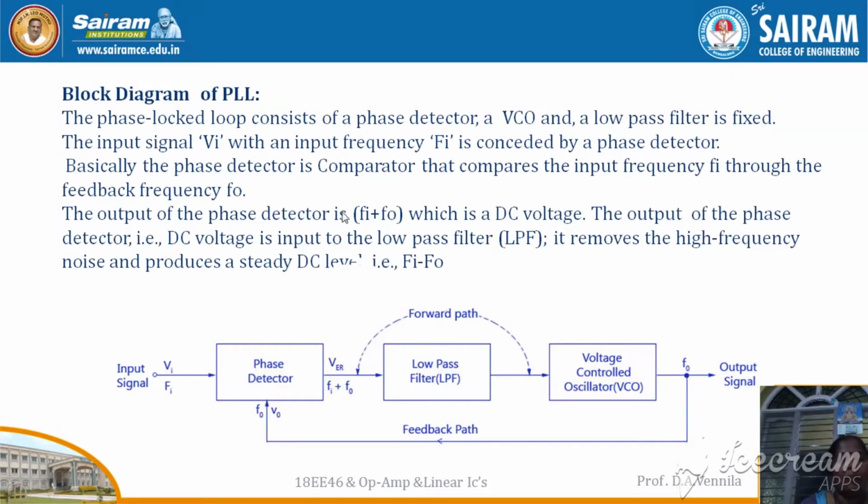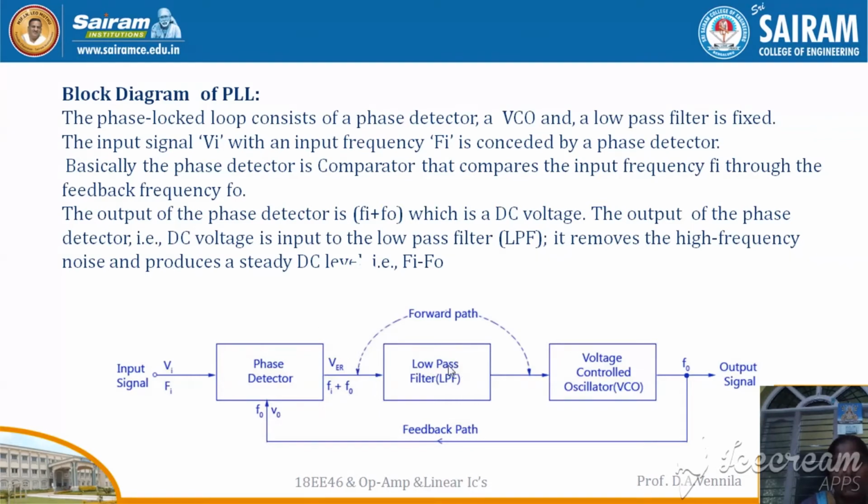The output of the phase detector is nothing but the addition of these two things, that is Fi, the input frequency, and F0, the output frequency, which is a DC voltage. This output of the phase detector will be given to the low pass filter.